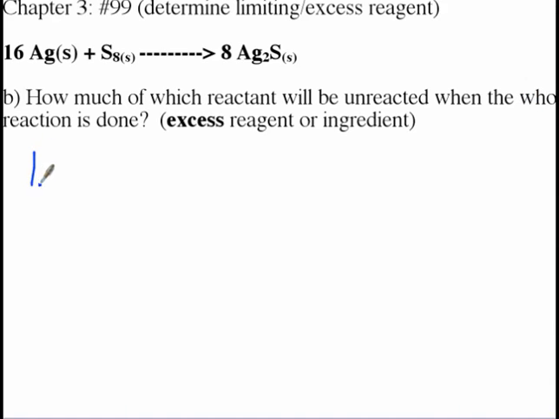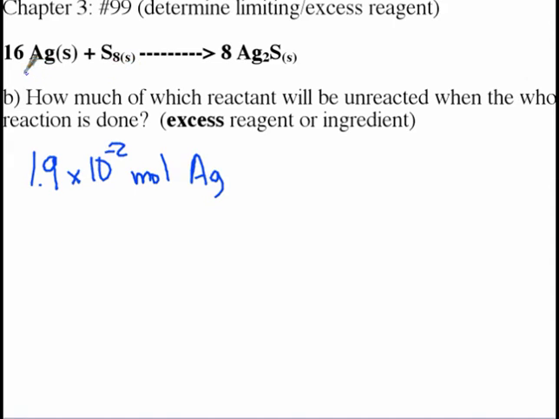So if we take our 1.9 times 10 to the negative 2 moles of silver, and we convert that into grams of S8. Now there's other ways to do this too, but here's the way that I'm going to do it here.